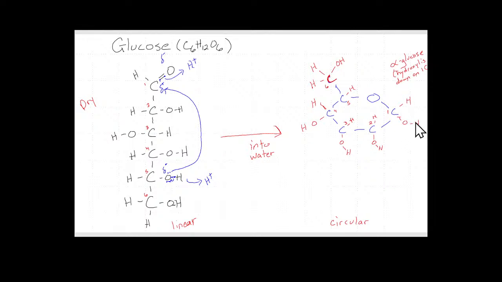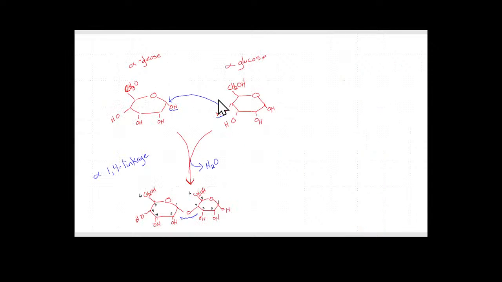Half the time, it's going to have the hydroxyl pointing down, and the other half of the time, when this attack is made, the hydroxyl group will be pointing up. So just keep that in mind, because next we're going to talk about what is the significance of having the carbon being up or down. And so here's an example where you have 2 different alpha glucoses.